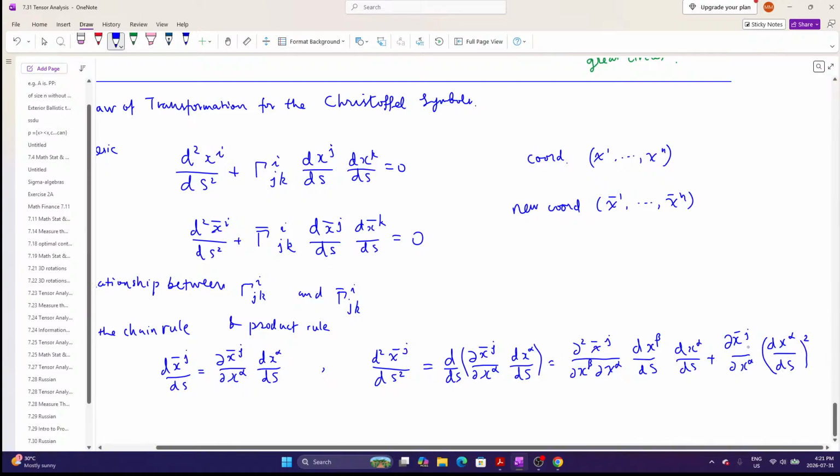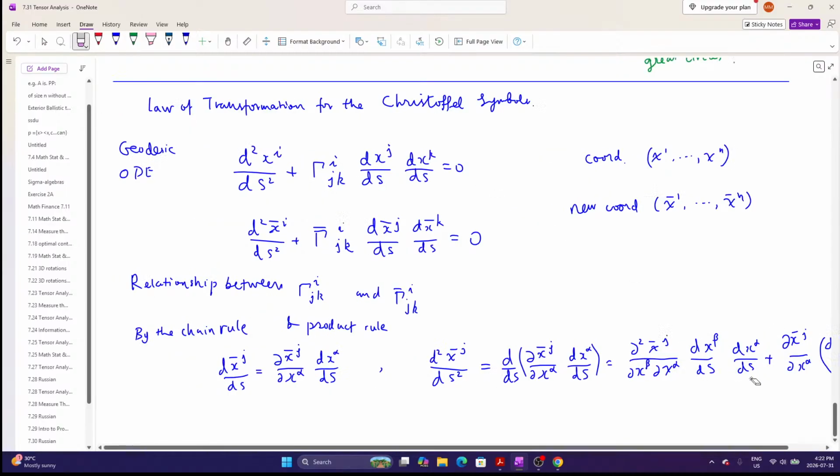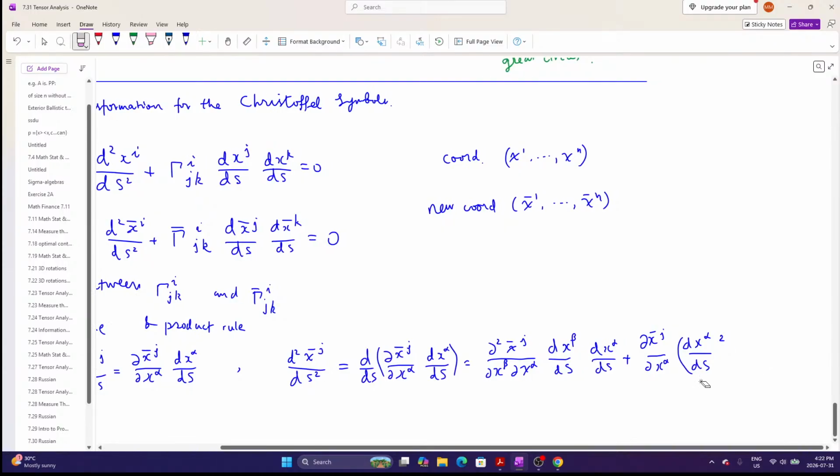Oh, sorry, my bad. It should be the second derivative, not squared. You're differentiating this factor here, so this is d squared x alpha over ds squared.